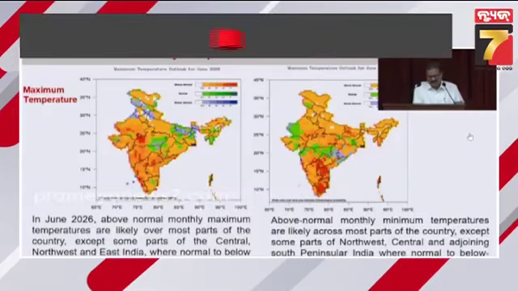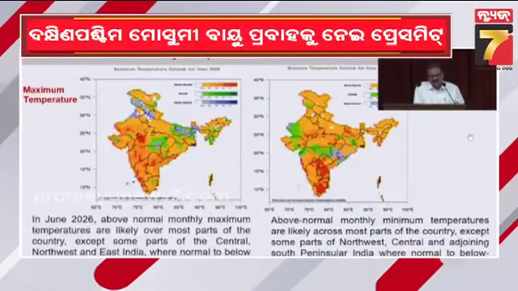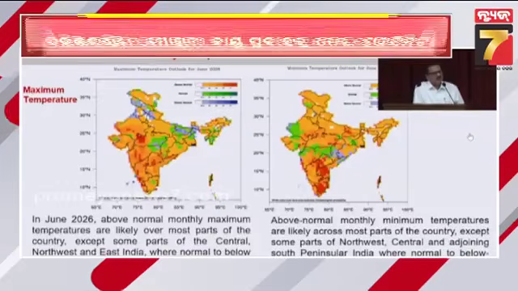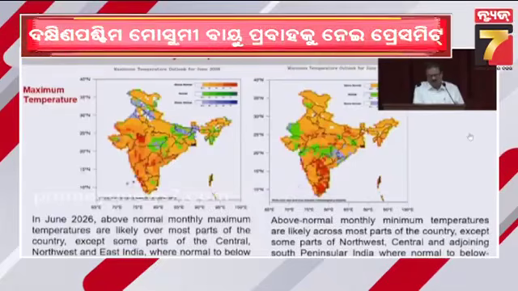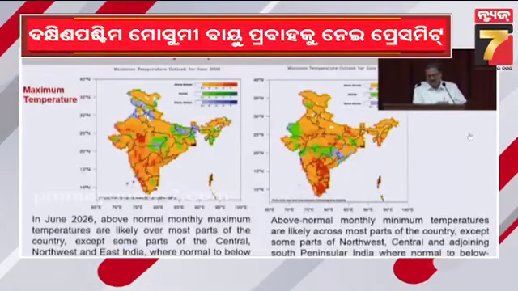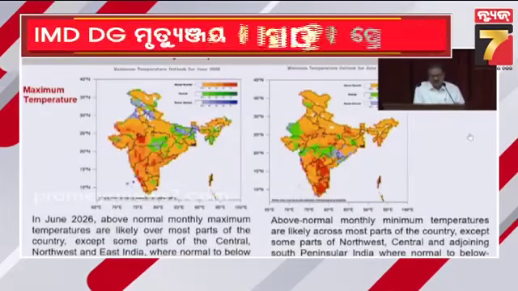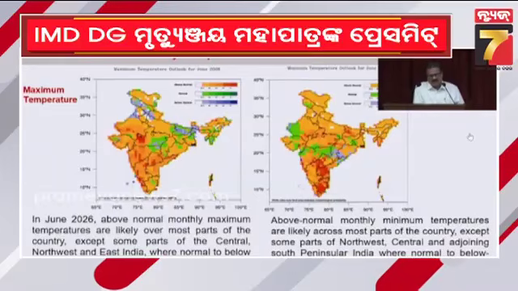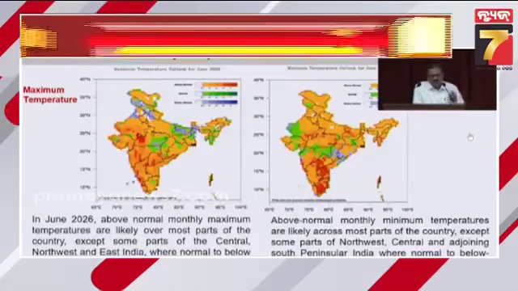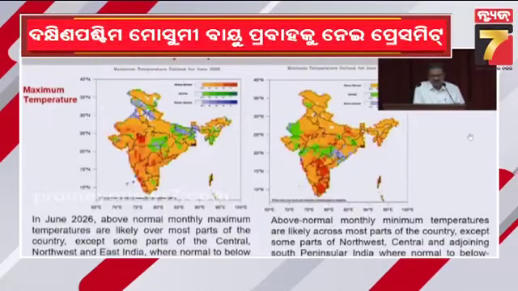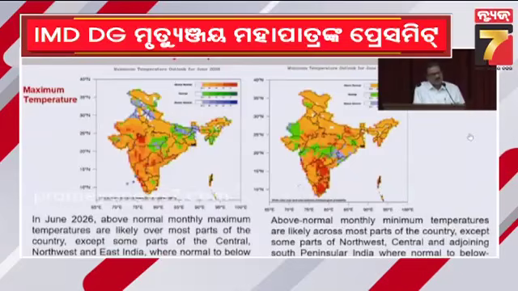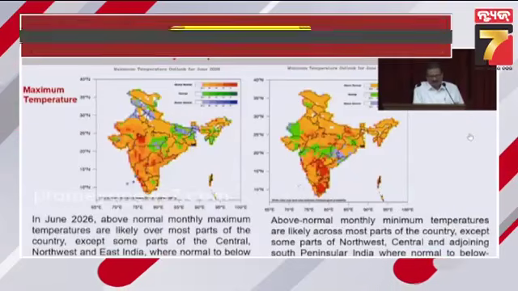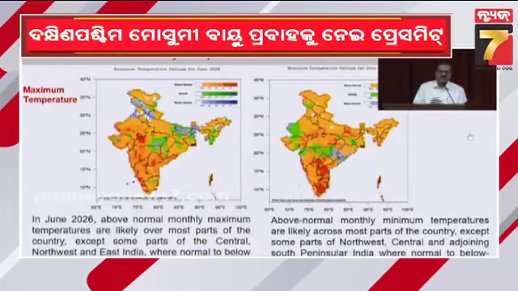What we find is that in day temperature, many parts will have above normal temperature, except many parts of east and northeast India, especially covering Bihar, West Bengal, Jharkhand, and Assam, Meghalaya, Mizoram, Tripura, etc. Also in some parts of central India, like East MP, East Vidarbha, and some parts of Chhattisgarh. And then in northwest India, covering Jammu and Kashmir, Ladakh, Himachal, Uttarakhand, Punjab, and adjoining areas of Rajasthan and North Haryana, you will have normal to below normal maximum temperature for the month.